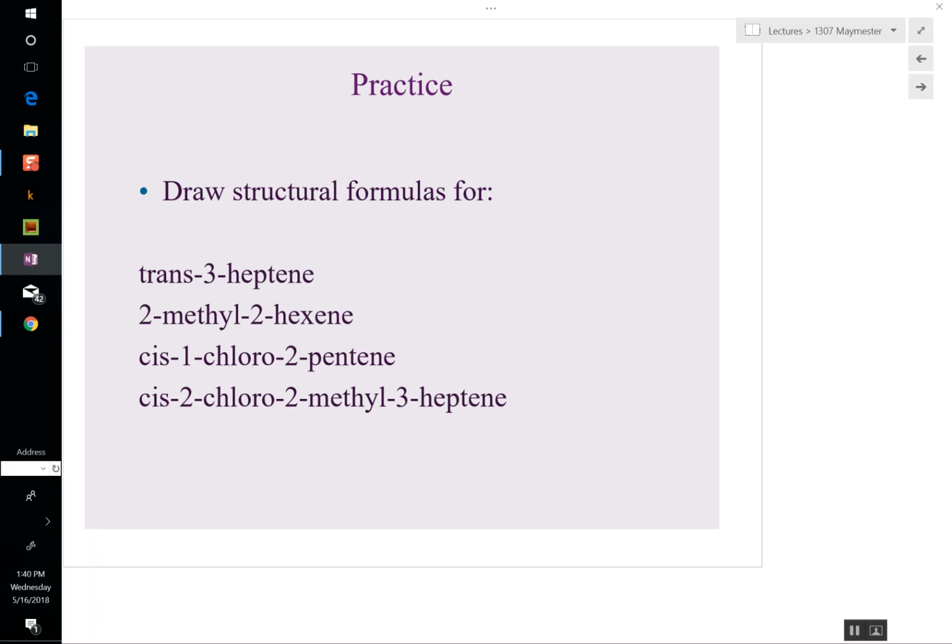Let's take one of these. Let's just pick one out. Go ahead and draw that: cis 1-chloro-2-pentene. Yeah, that one's going to be a little funny.